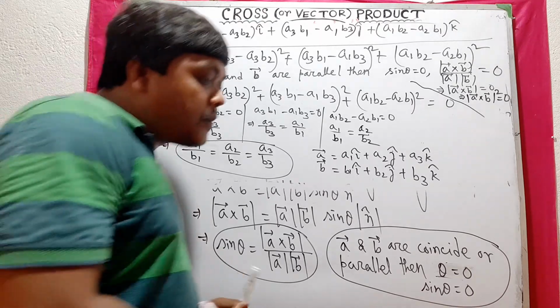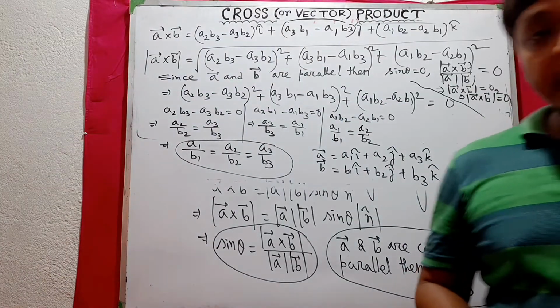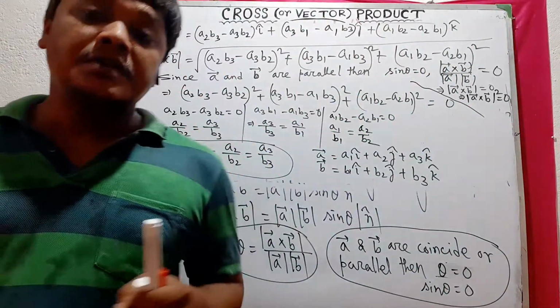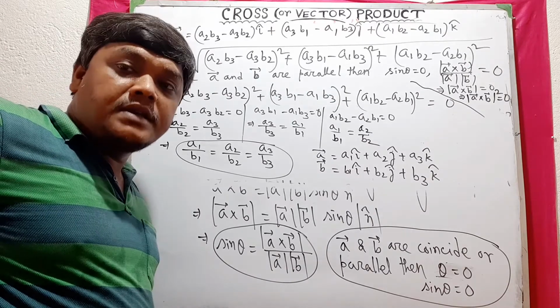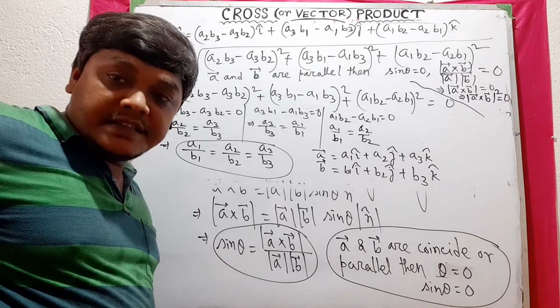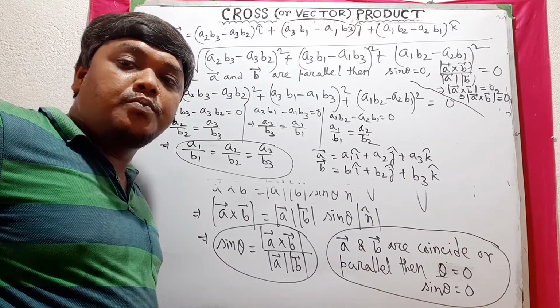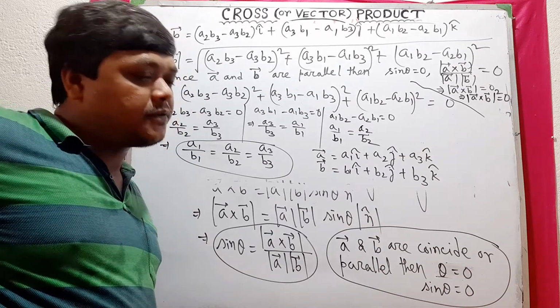So what did we learn about the cross product? First, the definition of the cross product A cross B, that is mod A mod B sin theta n cap. The direction of n cap is perpendicular to both A and B vectors.